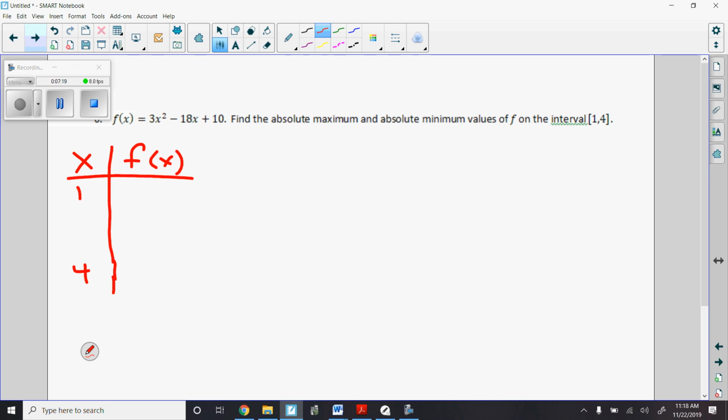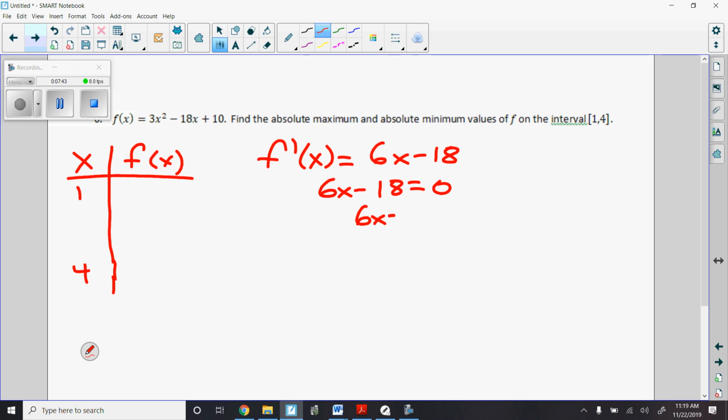Okay, so I've got my endpoints ready to test. What I need to figure out next is if I have any critical points and if they're on that interval. Critical points, by definition, are when f prime of x equals 0 or f prime of x is undefined. Let's go ahead and find f prime of x. And I want to set my derivative equal to 0.